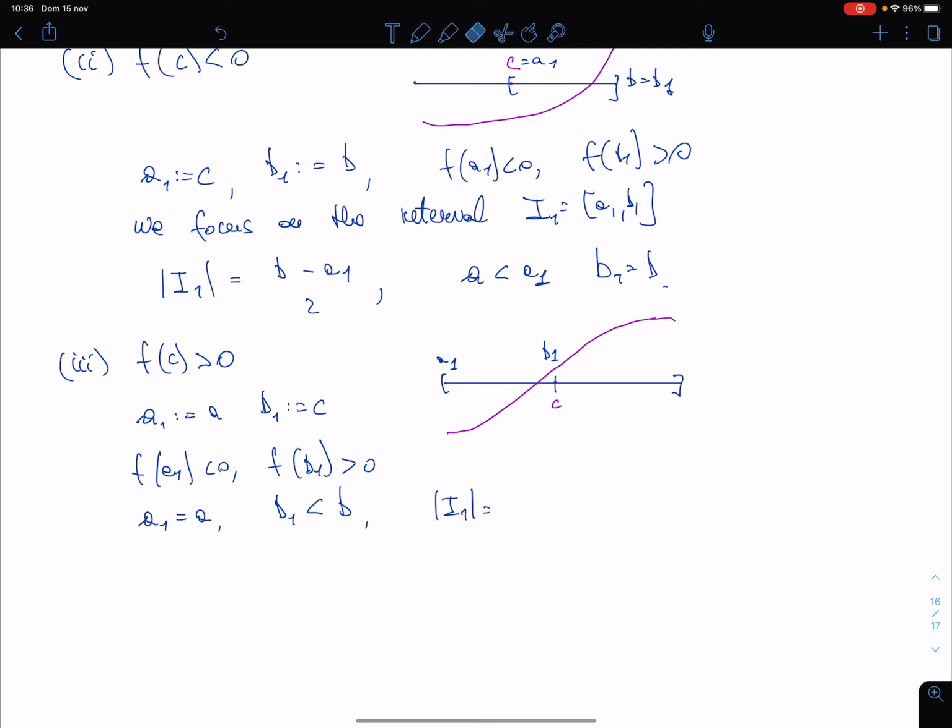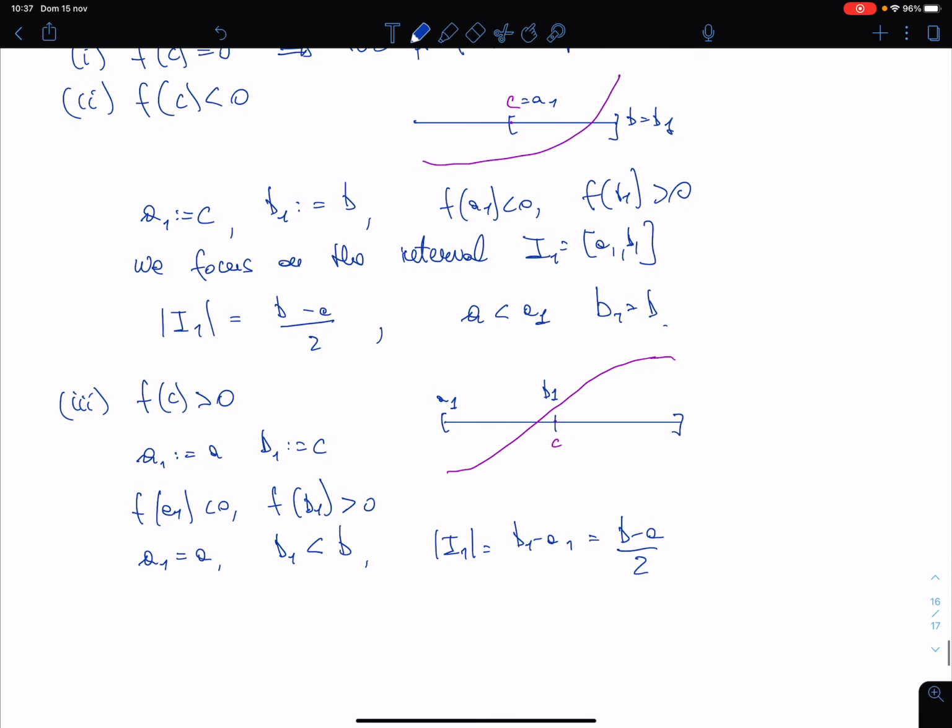Sorry, it is not b1 minus a1 divided by 2, it is (b minus a) divided by 2, because b1 minus a1 is (b minus a) divided by 2. And so the first step is finished. Now we are reduced to a half of the original interval, and so we go further with our algorithm.